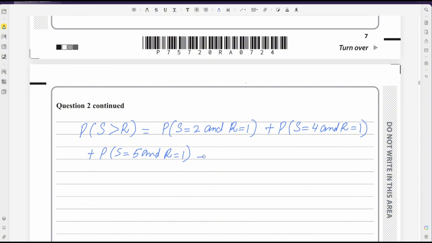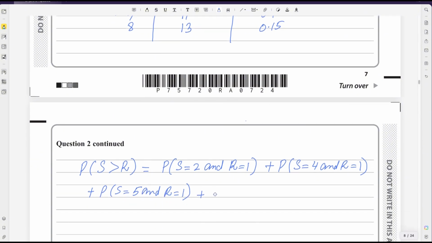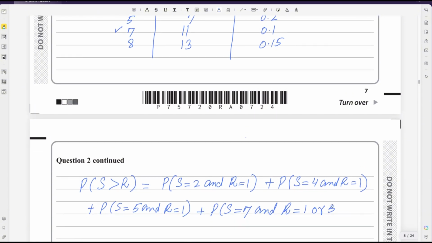So plus, when S equals 7, you have to choose these two, like R equals 1 and R equals 5. For 7, you have to choose these two values for R. Probability of S equals 7 and R equals 1, or here you will use the word or, 1 or 5.